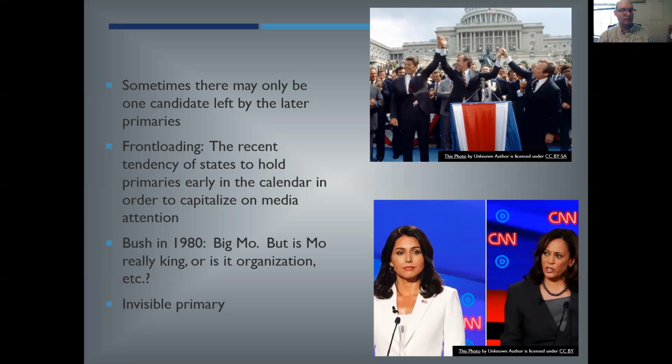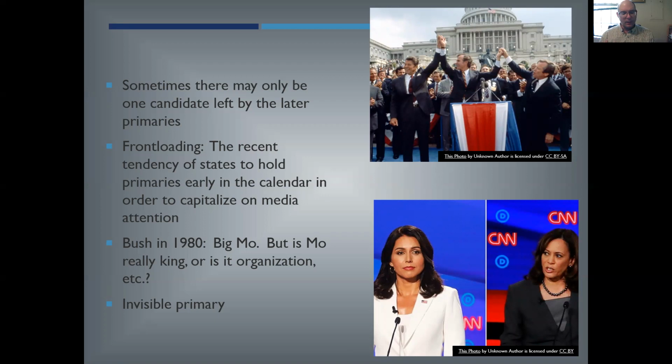Again, Bernie Sanders went through the entire primary cycle in 2016. So this idea that people just disappear after the first few races, and that organization and fundraising is everything, not as true in the past couple of presidential elections as it has been traditionally.